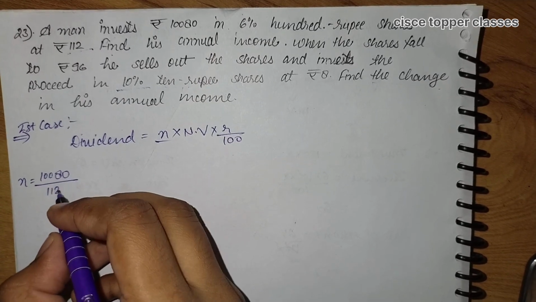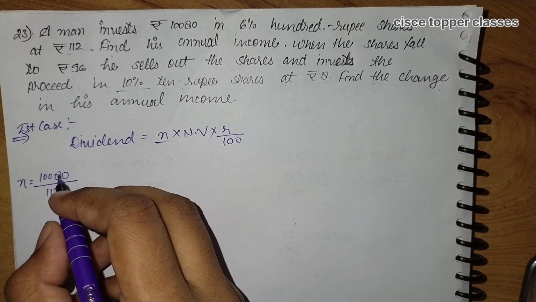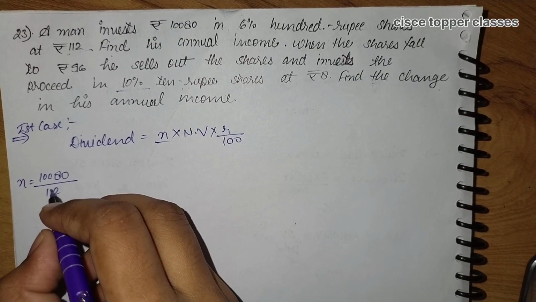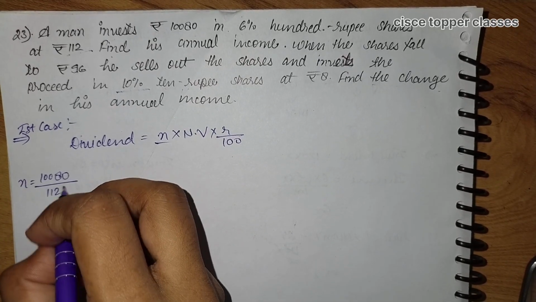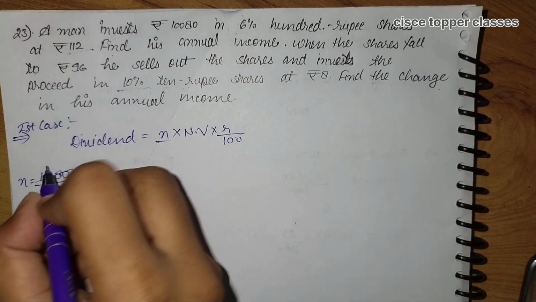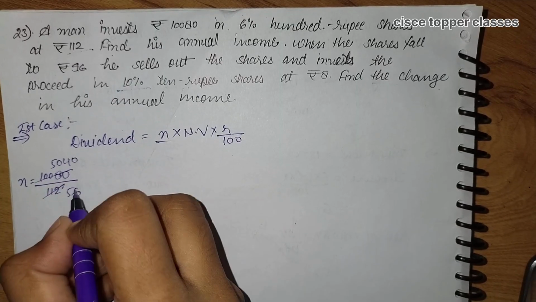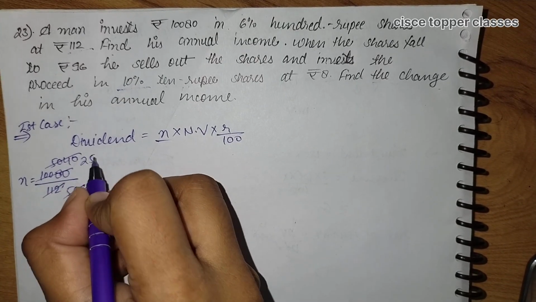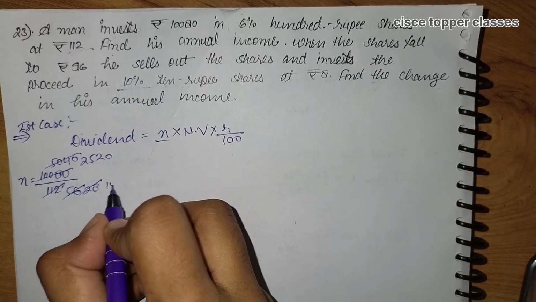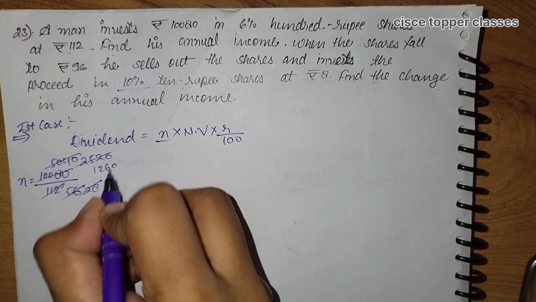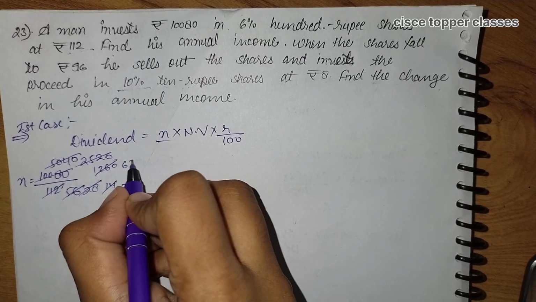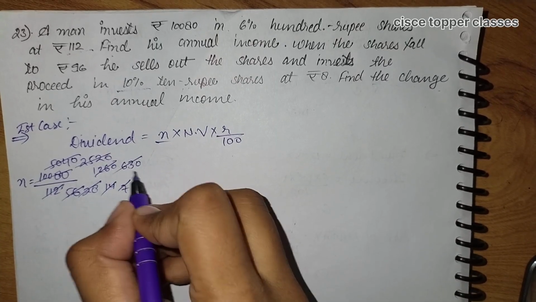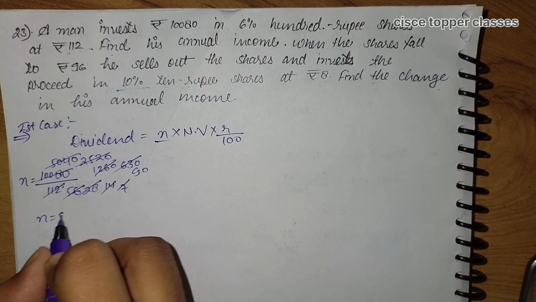This is total investment divided by the market value of one share. So on solving this, this will be 56, this will be 5040 here, and again 28, this will be 2 5 20, again 14 1 2 60 7 630, it will be 90 here, means number of shares is 90 in this question.